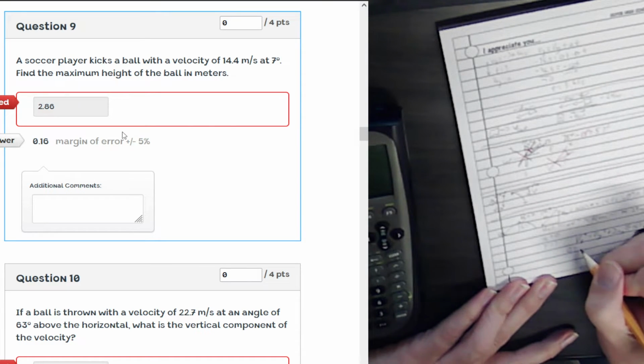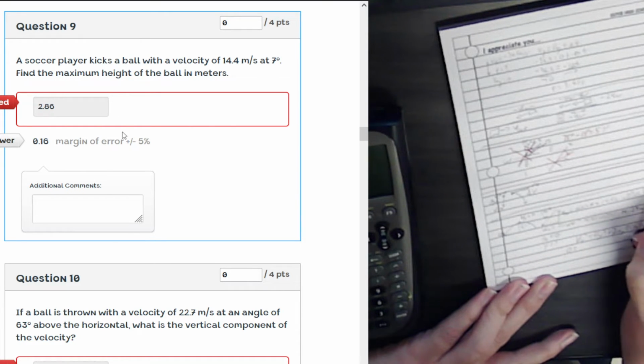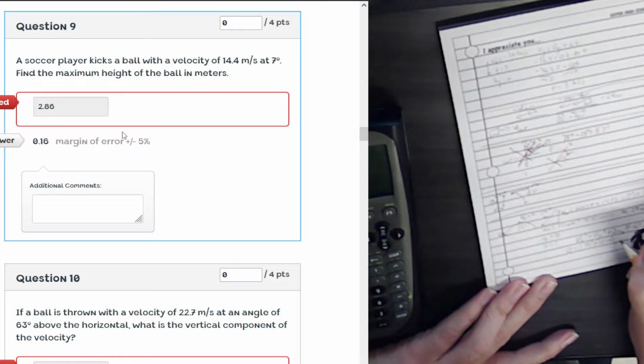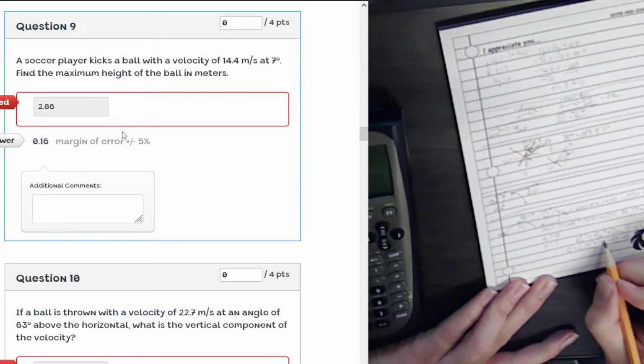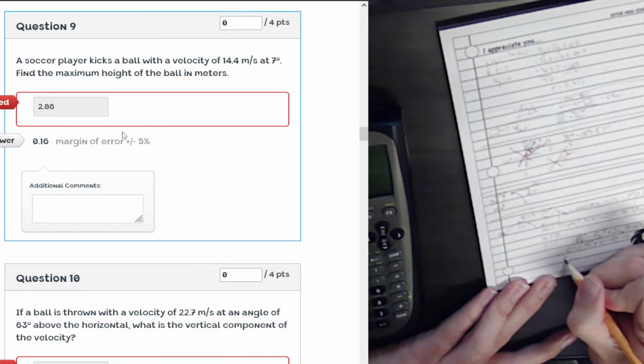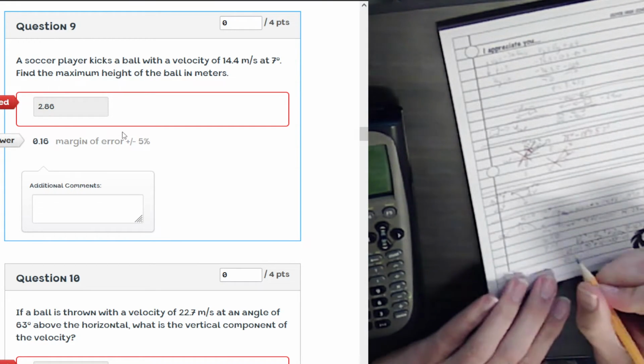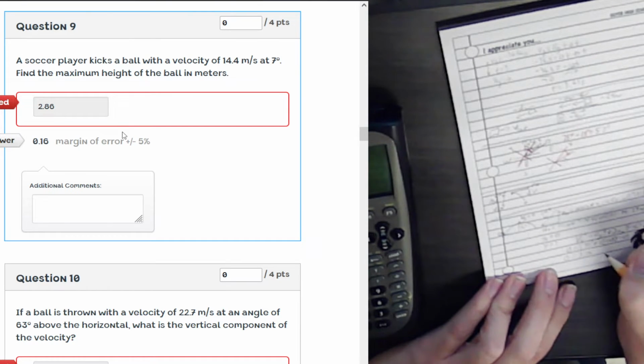V naught y would be our initial here, this 1.75 squared, plus 2 times negative 10. And then we do y minus y naught, which is 0. So we multiply this together, get negative 20, and then distribute that to each. Well, it's going to be 0 here. So what is 1.75 squared? 3.06 minus 20y.